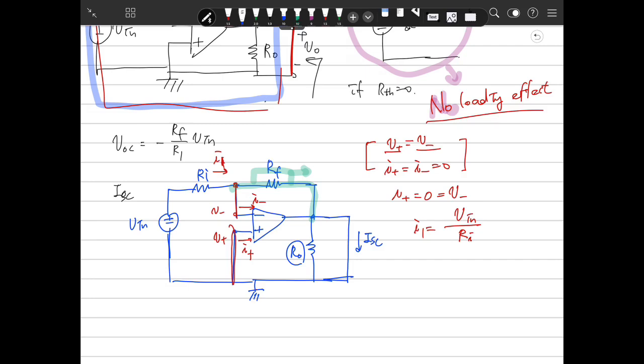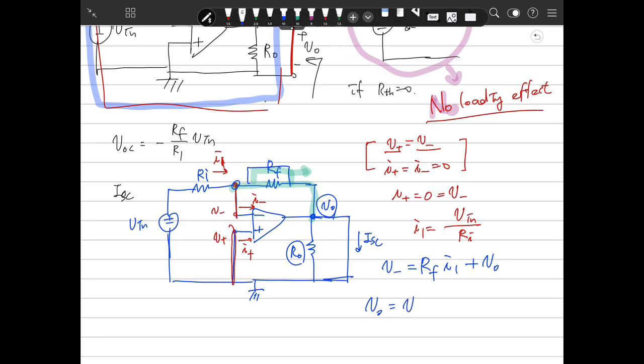So the voltage drop: V negative is the voltage drop here, RF times I1 plus V out.